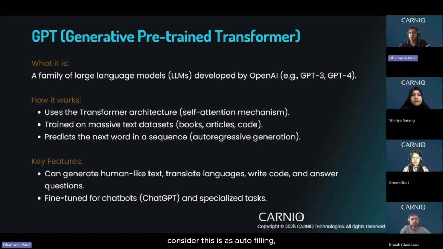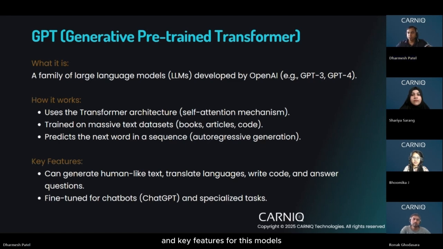Consider this as auto filling. When you type something, it predicts what the next sentence will be. That is one thing initially worked on in generative AI.